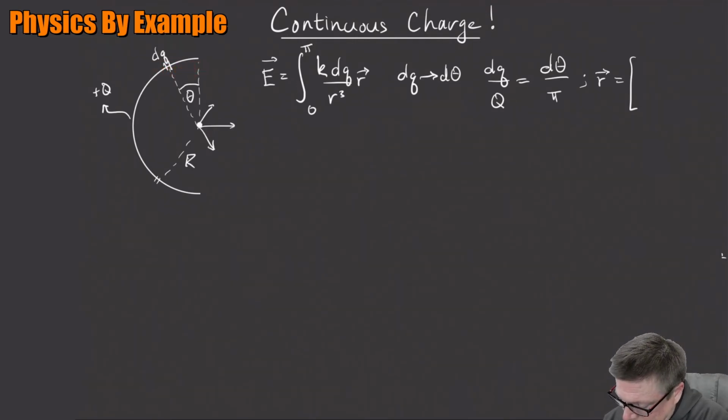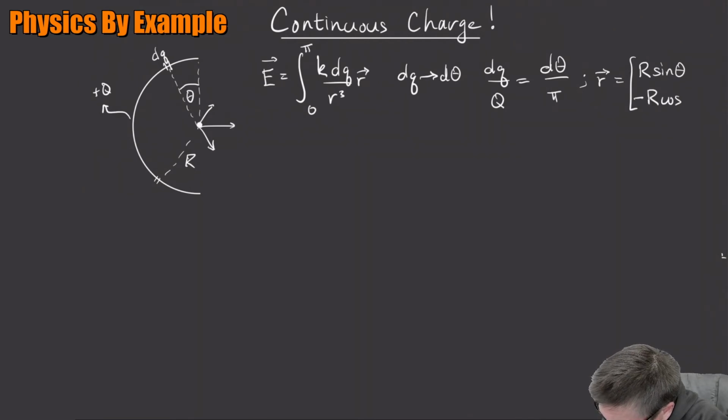It's big R times, that's a vertical angle, so this is going to be r sine theta. That's how much x I have to go over. Then to go down to the origin, I have to go the y component, minus r cosine theta.